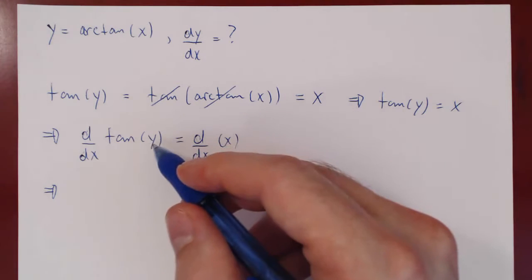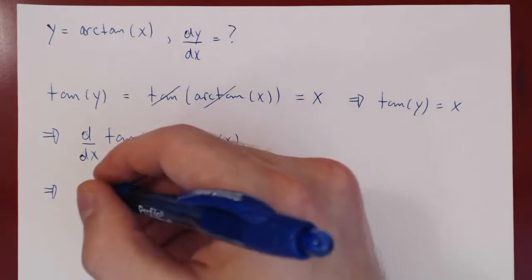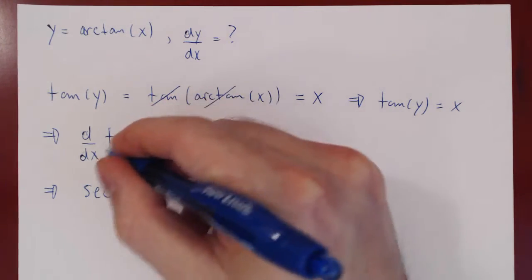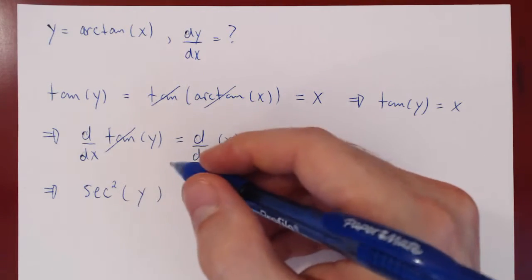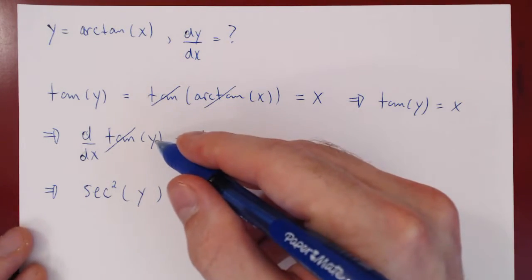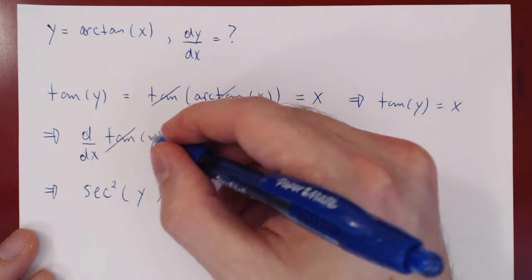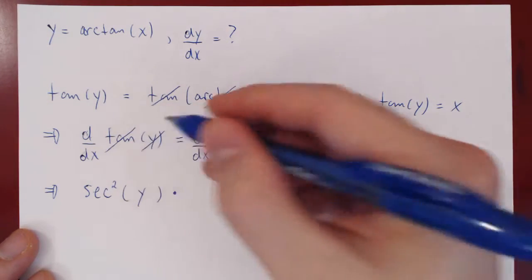This is tangent of y. We have a composition. The derivative of tangent is, if you recall, secant squared of what? Of what's left over, which is y. But there is still a y that's left over. So we have to use here the chain rule and multiply what we have so far by the derivative of what's left over, and that is, of course, dy over dx.